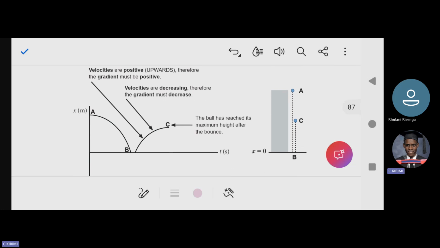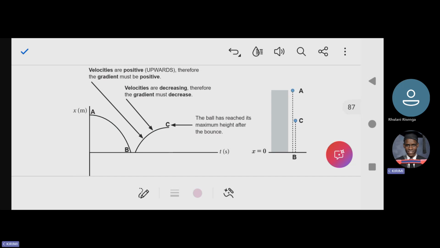Let's analyze this position-time graph. Here the velocities are positive, which means upwards. Therefore, the gradient must be positive. Velocities are decreasing, therefore the gradient is also decreasing. The ball has reached its maximum height after the bounce.